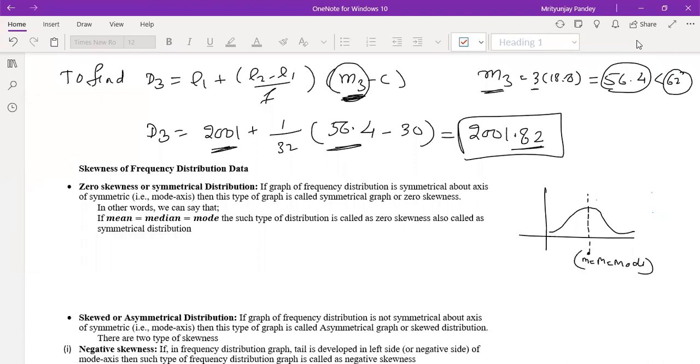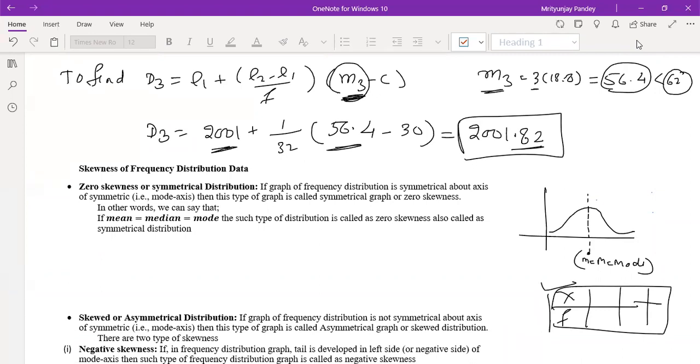So how to check? This is the concept behind that. If you have given frequency distributed data x into f, like this, जैसे कि हम लोग इतना क्वेश्चन सॉल्व कर रहे हैं, तो अभी चेक करना है कि ये डाटा कैसा है, स्क्यू डाटा है या सिमेट्रिकल है. So how to check? You have to find mean, median, and mode.